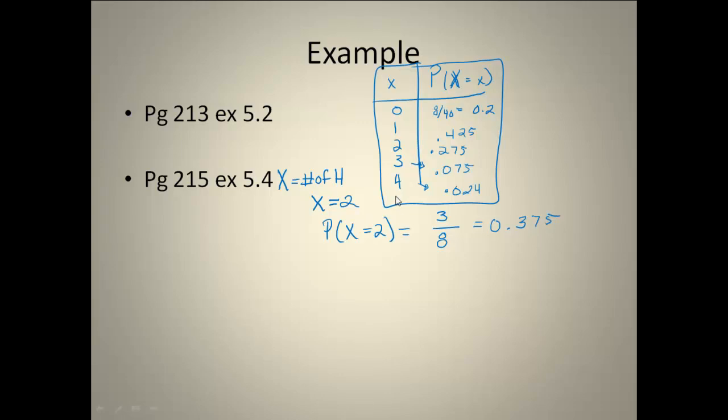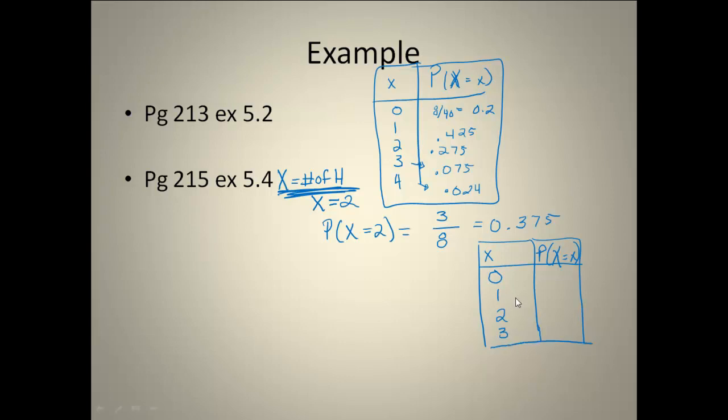Part C wants us to find the probability distribution of x. So this time they're wanting us to find the table. So we would set up x on the left-hand column and then probability that X equals x in the right-hand column. Now remember, we're dealing with the number of heads when we toss this dime. So we could have 0 heads, 1 head, 2 heads, or all 3 heads.